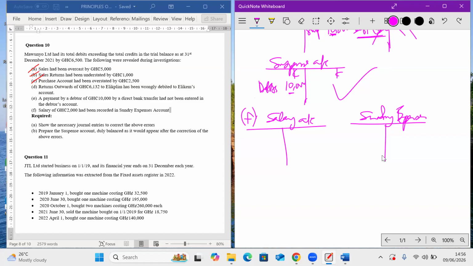Don't use credit and debit. In layman's terms, assume you don't know anything in accounting. That's what I want.